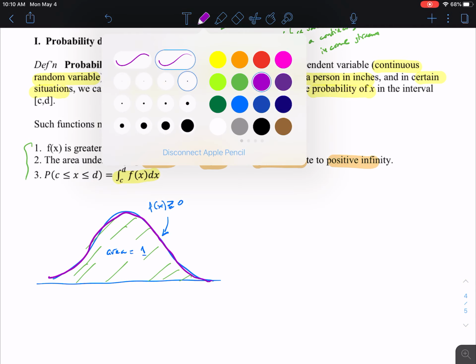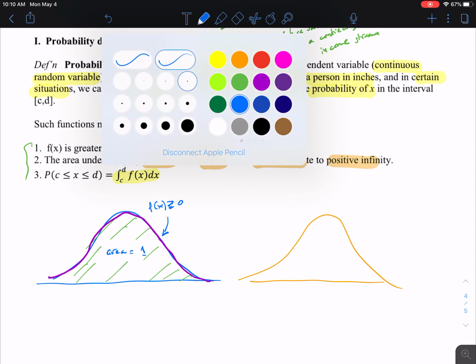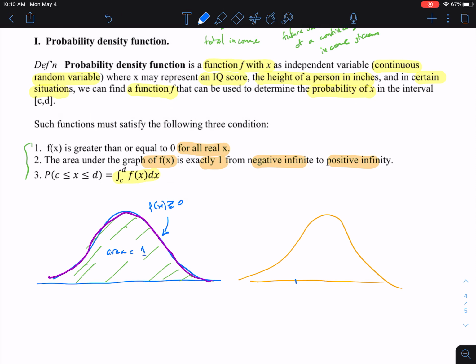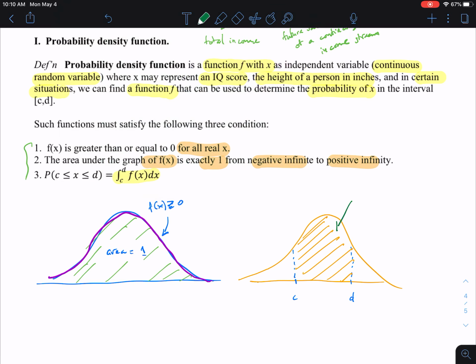And the last condition is saying that if we have the area between two values, let's call it c here and d there, then this area is the same thing as the definite integral from c to d of f of x dx.